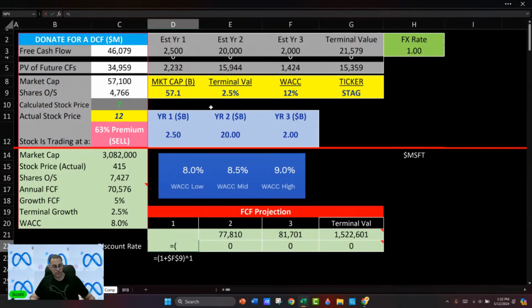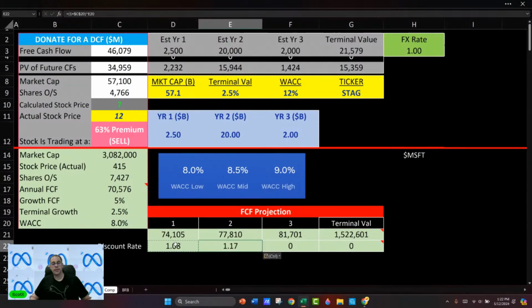It equals 1 plus the WACC raised to the first power. So it's 1.08 because you're not discounting this much. I'm going to freeze C20.